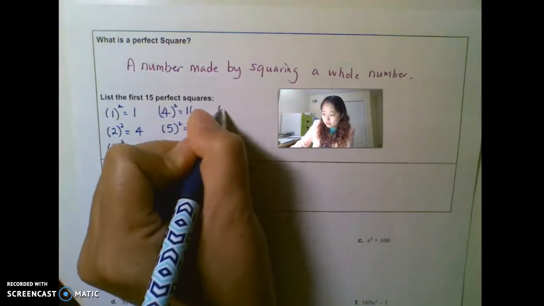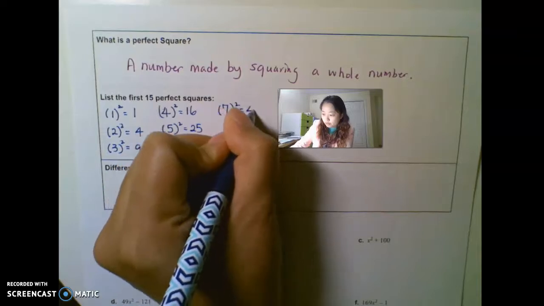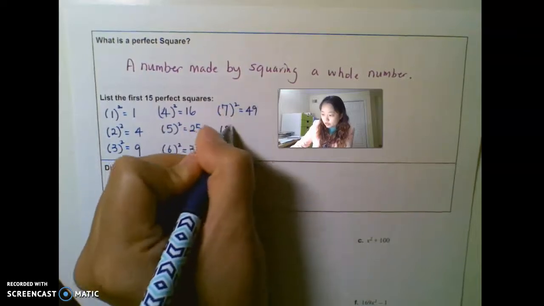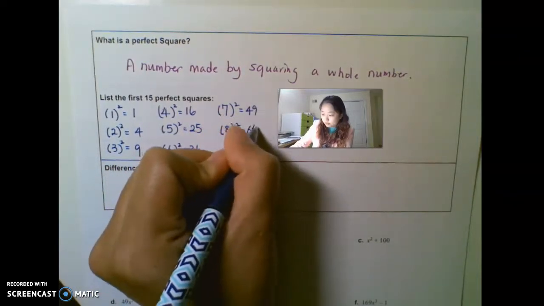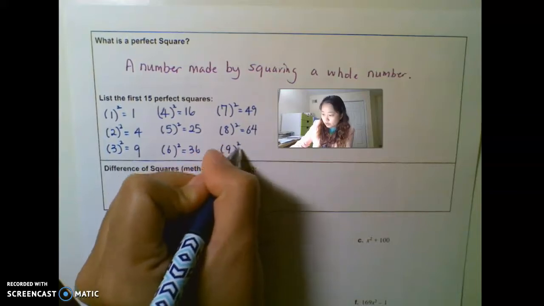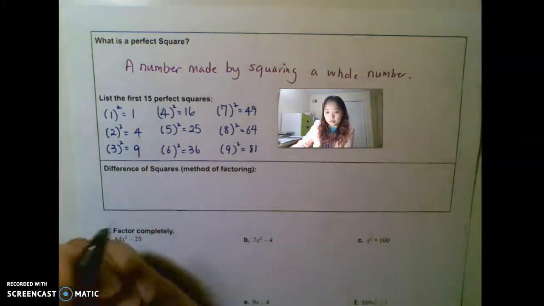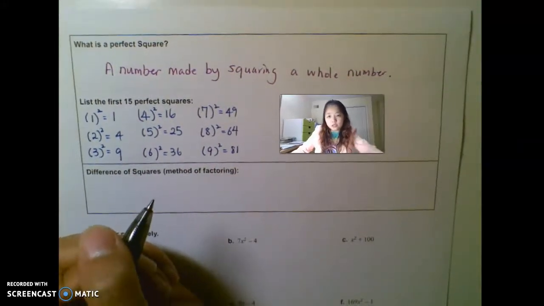36. 7 squared, 49. 8 squared, 64. 9 squared, 81. Oh, here comes the challenge.